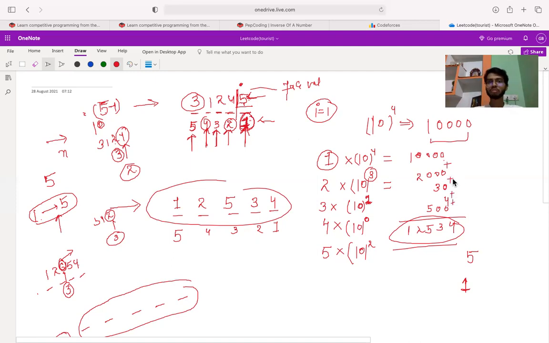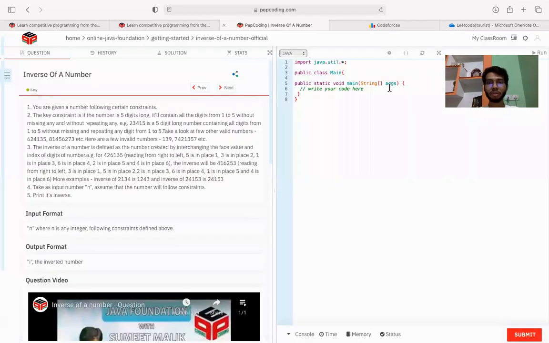So now let's move toward the code part. How are we going to implement this problem? Firstly, I need to take input for n.